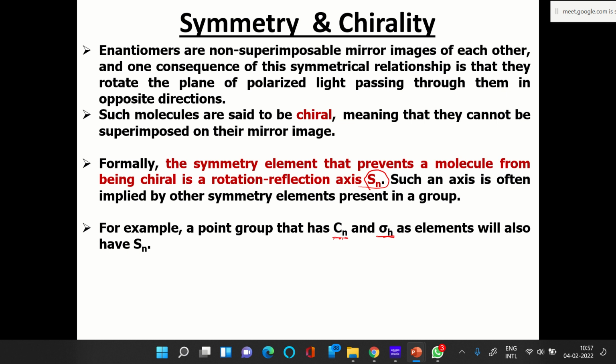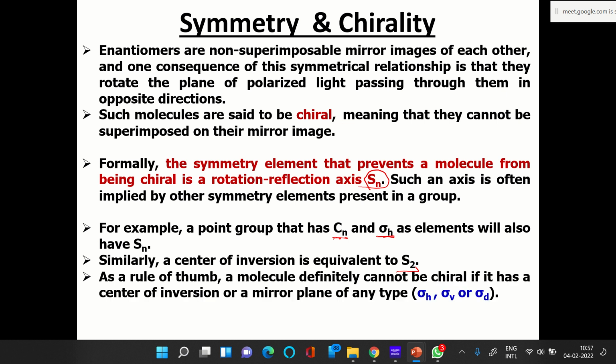If these two symmetry elements exist in a molecule, then an Sn axis is definitely present, and that molecule is not chiral. Similarly, a center of inversion means an S2 axis. We have seen that S2 is equal to i, and S1 is equal to sigma; we have already discussed these two points.